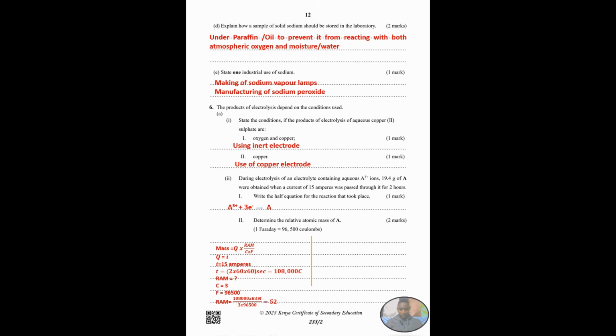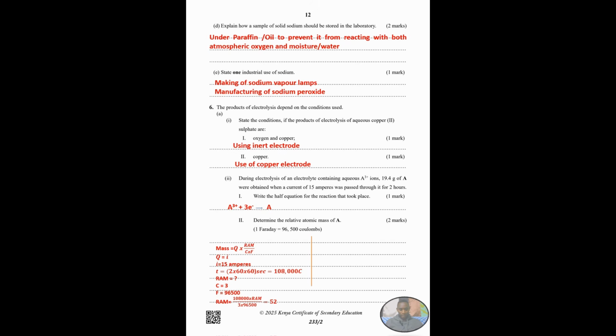So I'm going to take the IT, that is, I take 15 multiplied by 7,200, and that's when I'll get 108,000 coulombs.